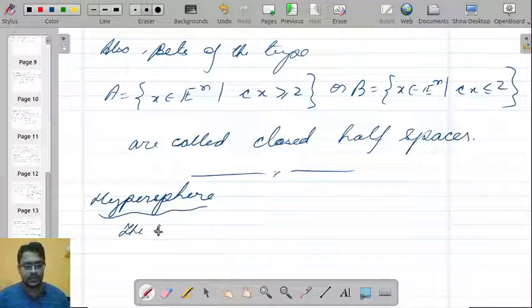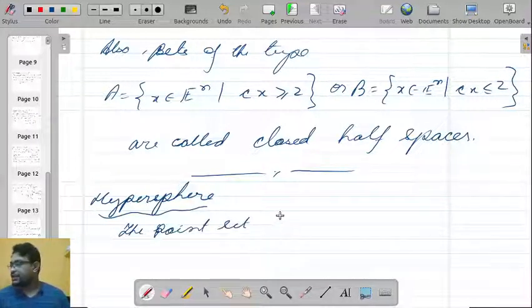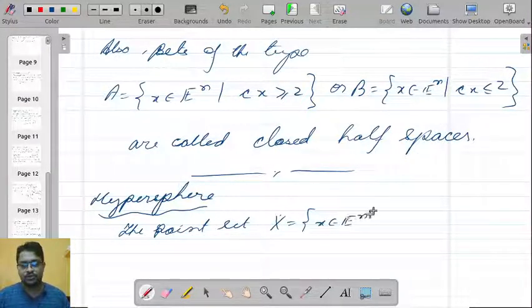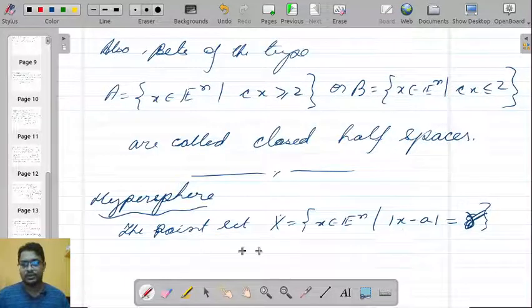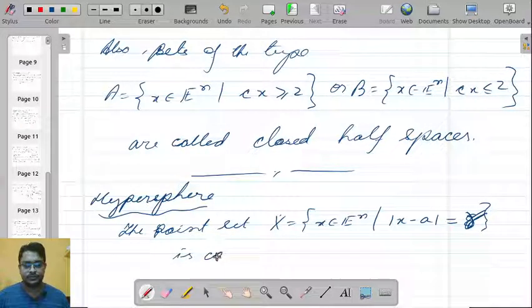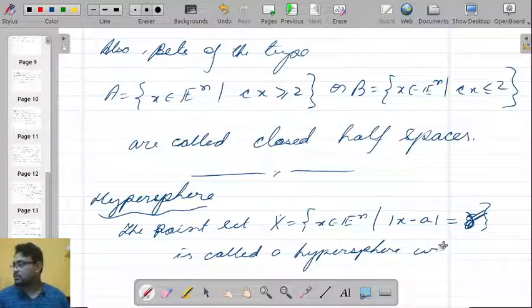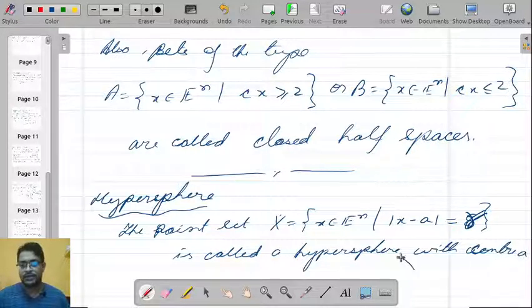The point set H equal to the set of all those x in E to the power n which satisfy that the distance between x and a is equal to r. It is called a hypersphere with center a and radius r.